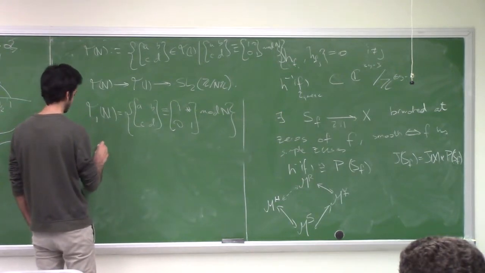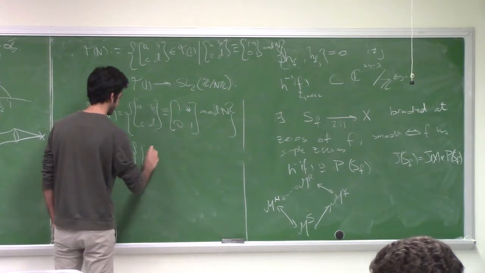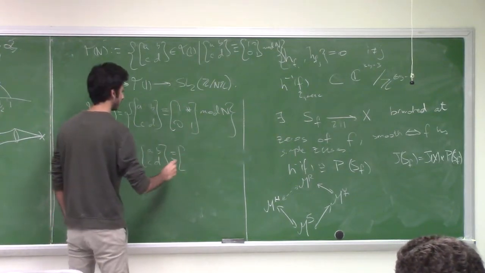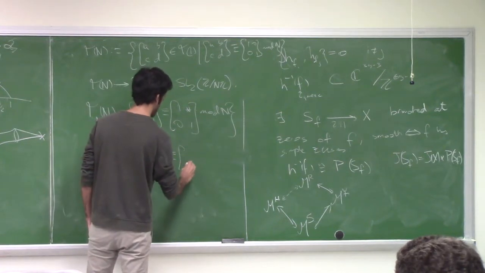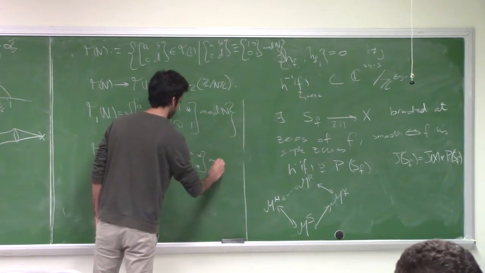And gamma 0n is the same thing, but all these three are allowed to be different.